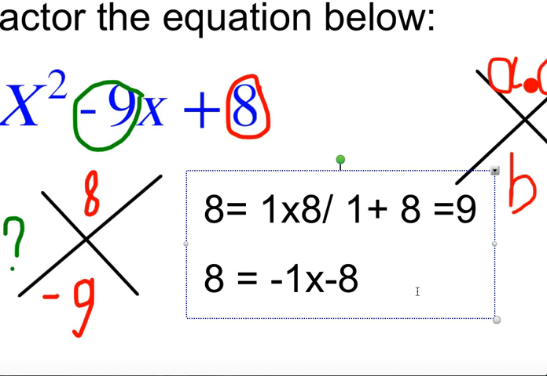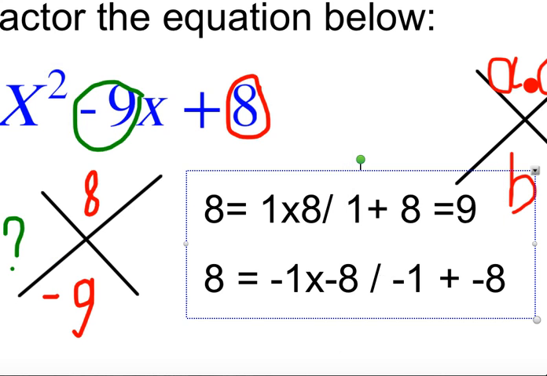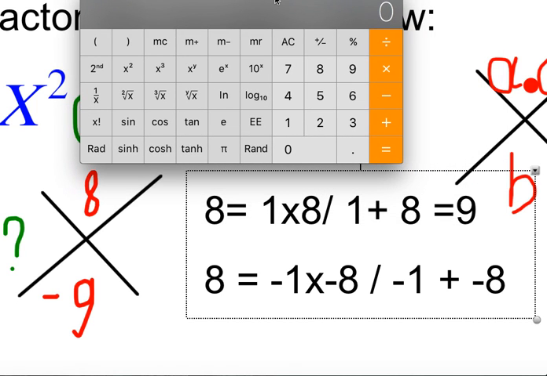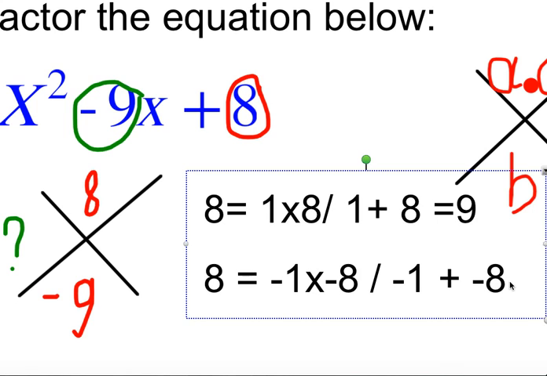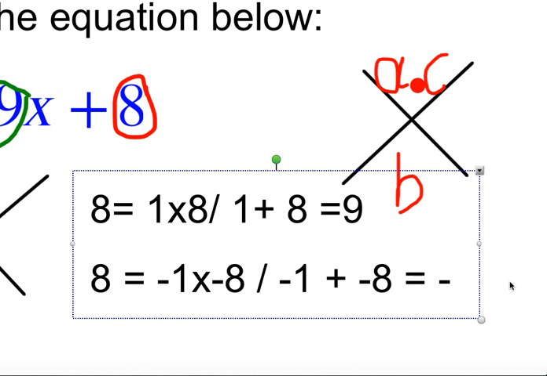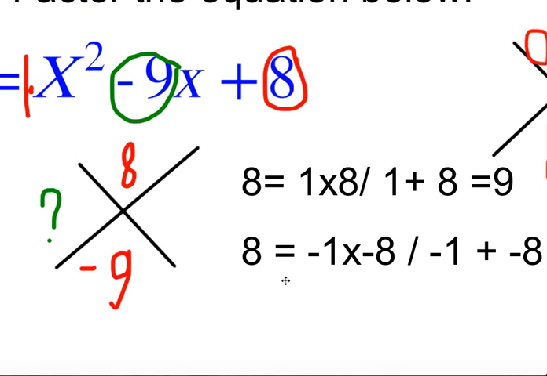No, I'm looking for minus 9. Let's do minus 1 plus minus 8. Let me use a calculator. Minus 1 minus 8. There you go, minus 9. Awesome. So my two numbers are minus 1 and minus 8.